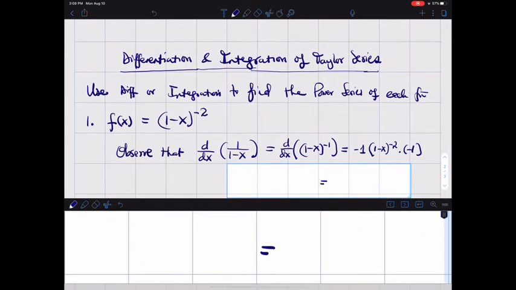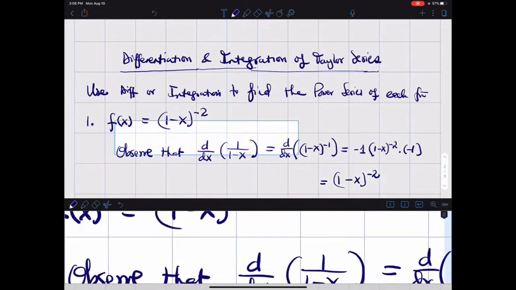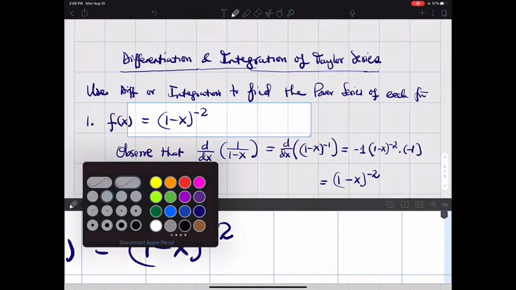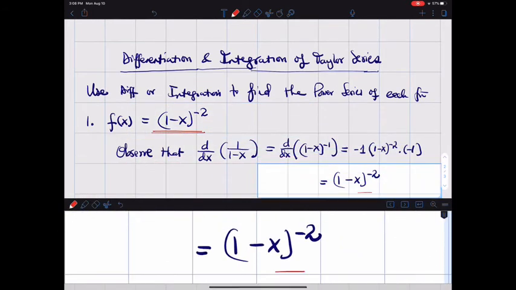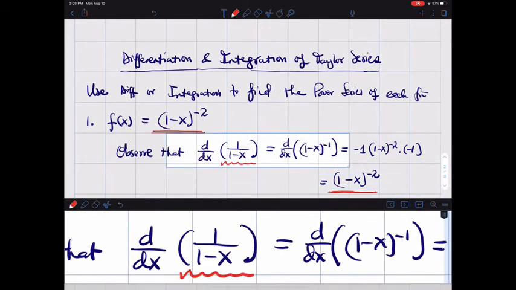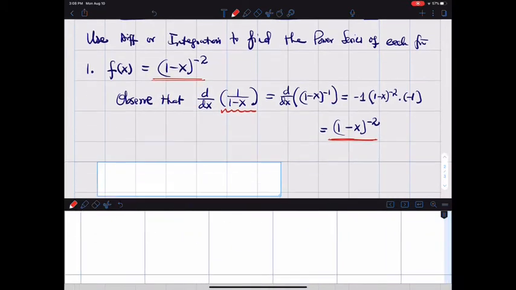So this becomes 1 minus x to the power of negative 2. We found that the derivative of 1 over 1 minus x is 1 minus x to the power of negative 2.